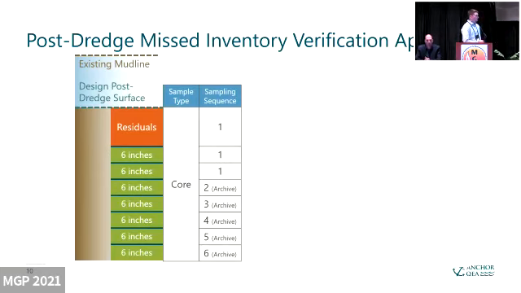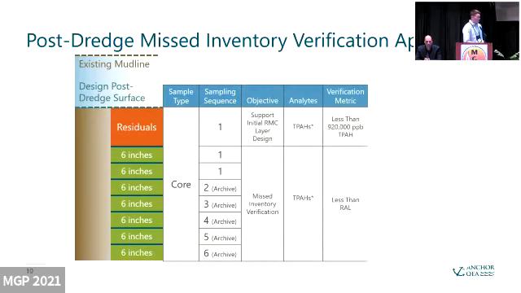We have our generated residuals in red here, and then in green, this is what we're going to be evaluating for missed inventory. So right off the bat, once we collect these cores, we're pushing fairly short cores, just a few feet. We'll sample the generated residuals and 2 consecutive 6-inch intervals below that generated residuals layer. And that's what we'll use right off the bat to look at missed inventory.